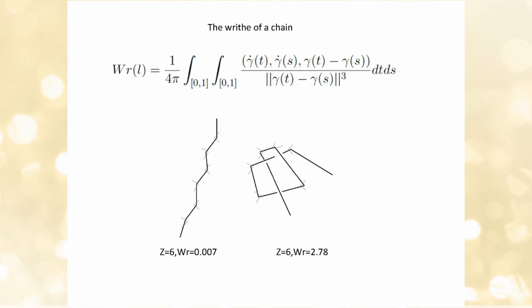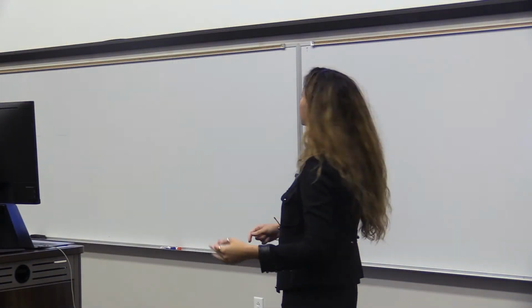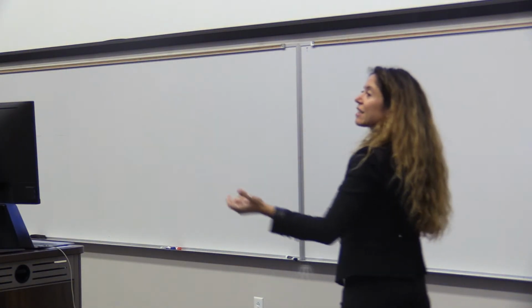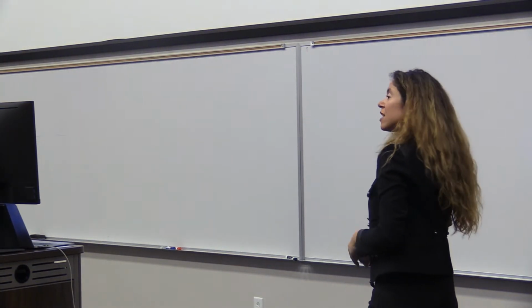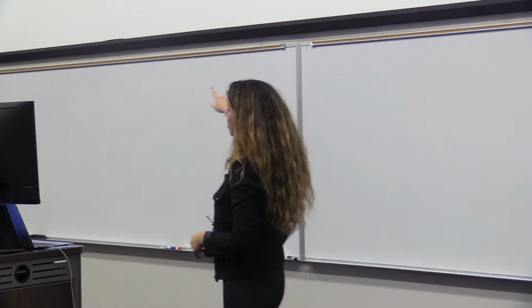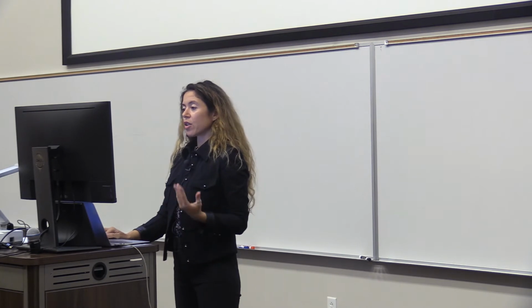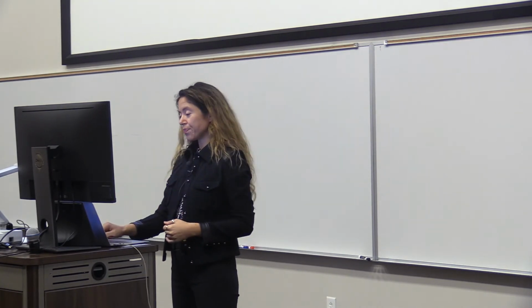If you applied the algorithm, you would find 6 obstacles for both chains, right? But the one you see, you can just pull it out. Let's imagine it was that simple. It will go out of the obstacles. If you pull the other one, you will just tighten up the entire thing. So the writhe of the first one is almost 0. The writhe of the other one is 2.7. So these give complementary information.